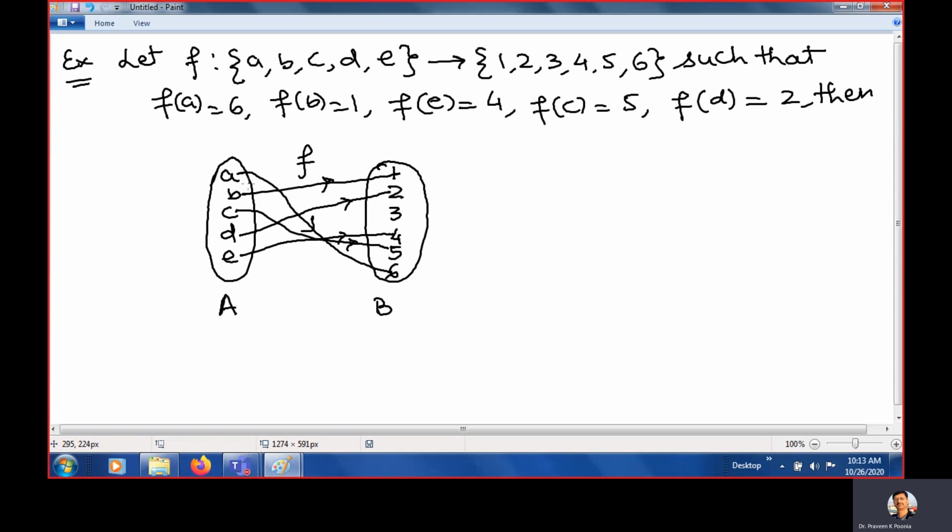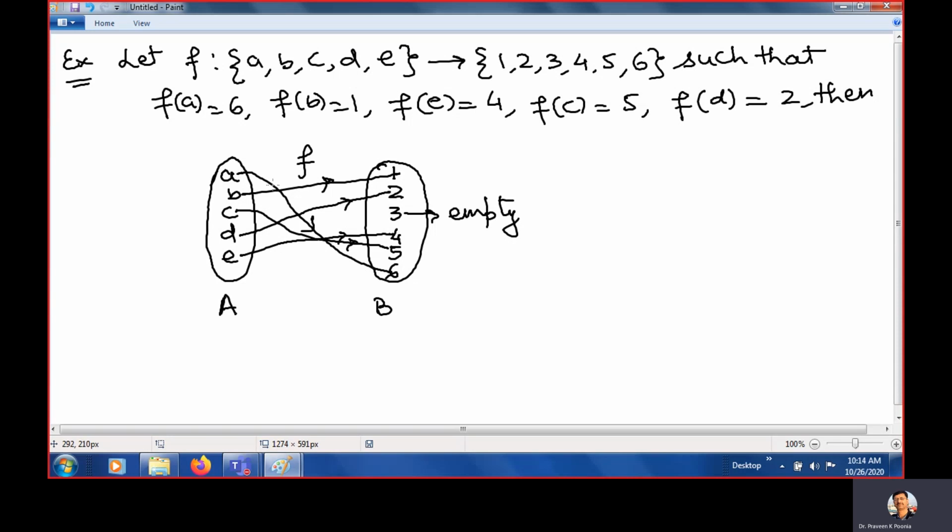It is a function because every element is connected with one element only. Clear? Now this is empty. So no problem. Empty is not our issue. So whether it is 1-1 or not 1-1?